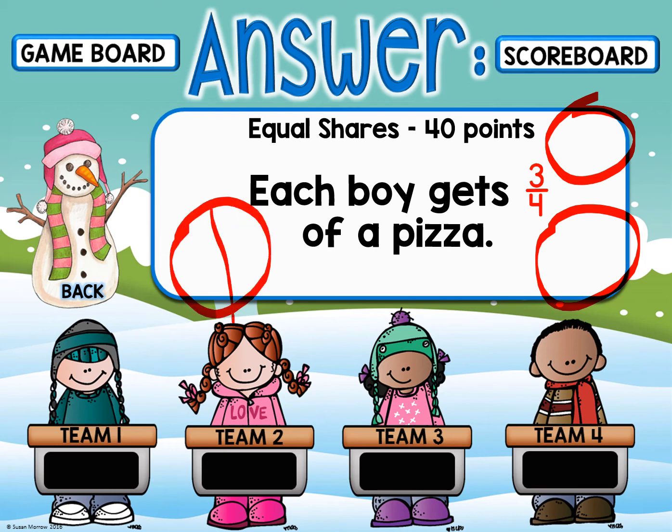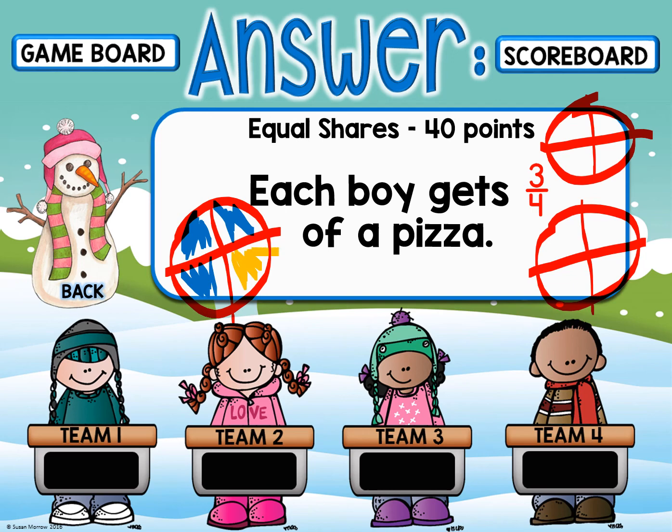Someone will be mad. Let me try again. I'm going to divide the pizza into 4 pieces each, since we have 4 boys. And I'm going to color in 3 slices for each boy. So boy 1 will be blue. 1, 2, 3. He gets 3 slices. Orange will get 1, 2, 3 slices.